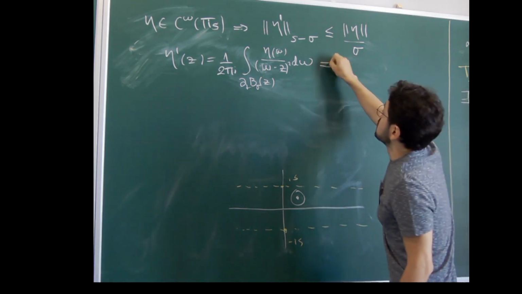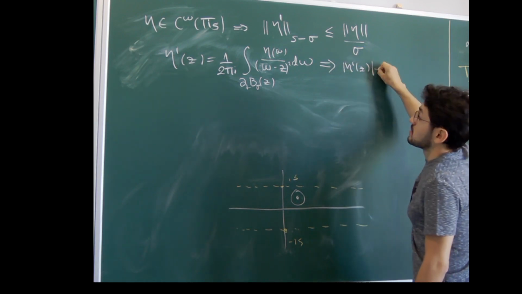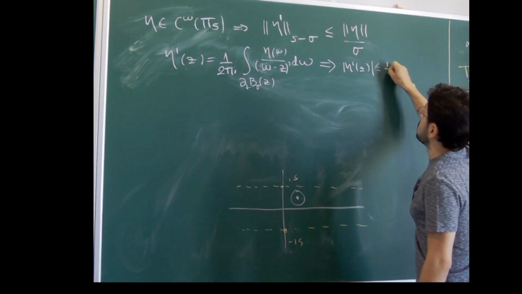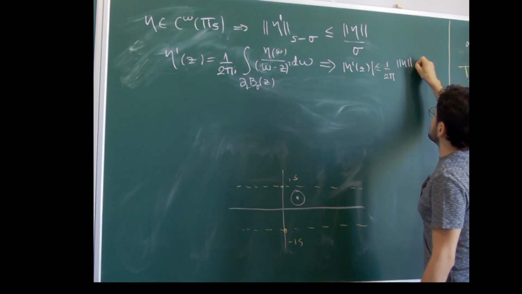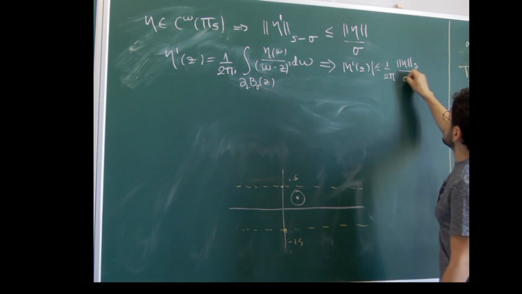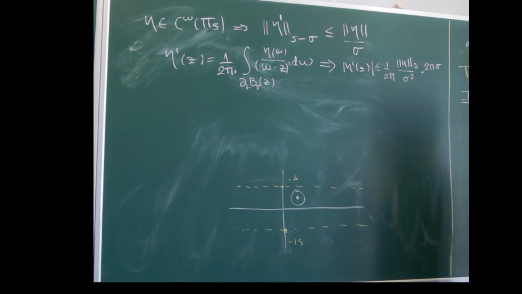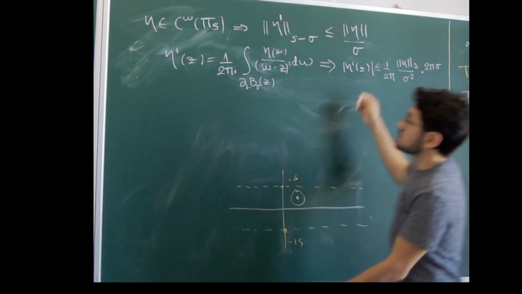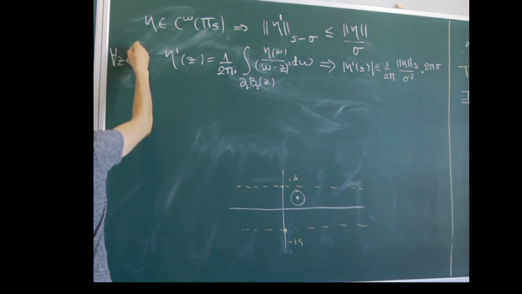When you do this, you can just make the calculation, and you obtain smaller or equal than 1 over 2 pi, the norm of this in your full domain, divided by sigma squared, times 2 pi eta, and you find exactly what I said. But then this holds for which numbers? For the numbers whose imaginary part is a little bit far from S. So this holds for all the z that belong to this domain.